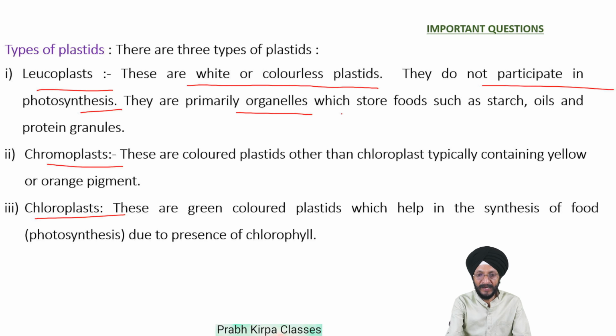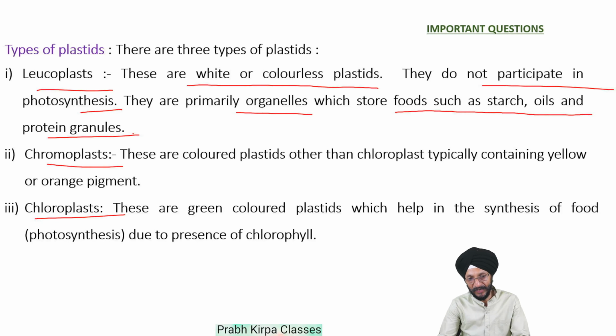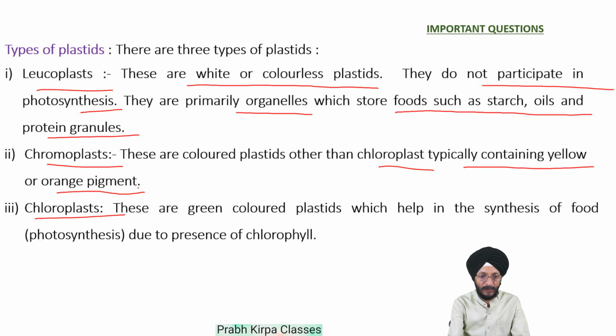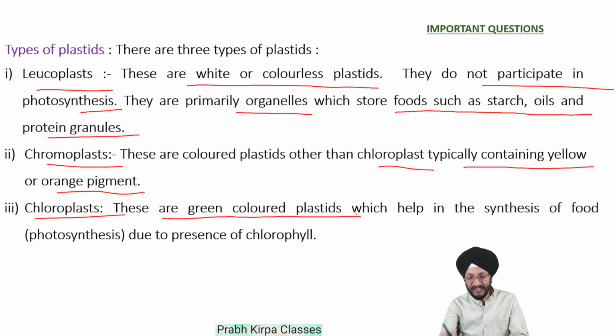They are primarily organelles which store food such as starch, oil, or protein granules. Chromoplasts are colored plastids other than chloroplasts, typically containing yellow or orange pigment. Chloroplasts are green colored plastids which help in the synthesis of food due to the presence of chlorophyll.